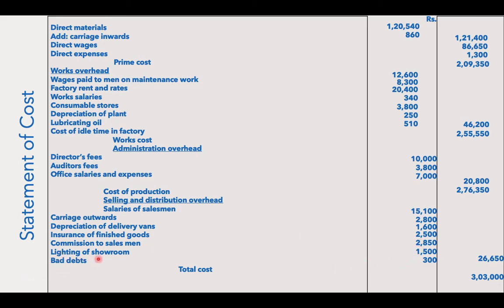Then lighting of showroom we have 1,500 and bad debts we have 300. And these are the selling and distribution overheads. If we add all these items, we will be getting the answer as 26,650. This we have to add along with the cost of production 2,76,350. So we will be getting the answer as 3,03,000. This is actually called as our total cost.